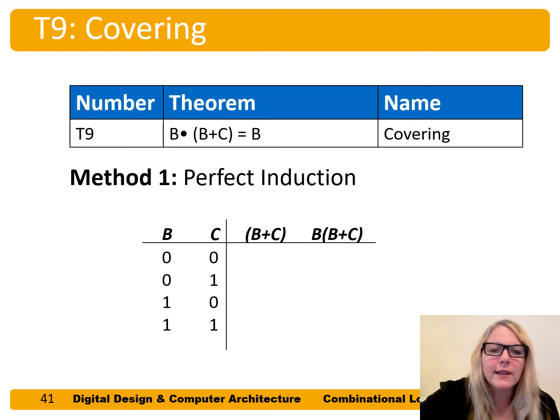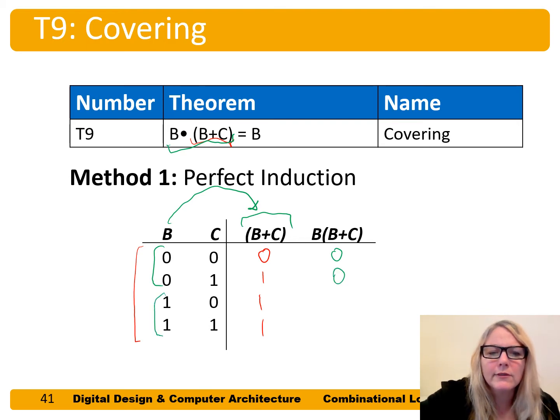So here we have the inputs B and C, every possible combination of those inputs. Let's first get this term, B or C. Well, B or C is just 0, 1, 1, 1. Now we're going to AND that B or C with this column, B, to get this entire term. These top two rows are 0, so 0 and anything is definitely 0. These bottom two rows of B are 1, so we get 1 and 1.